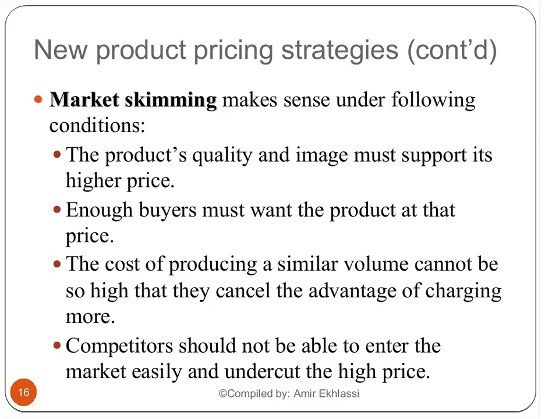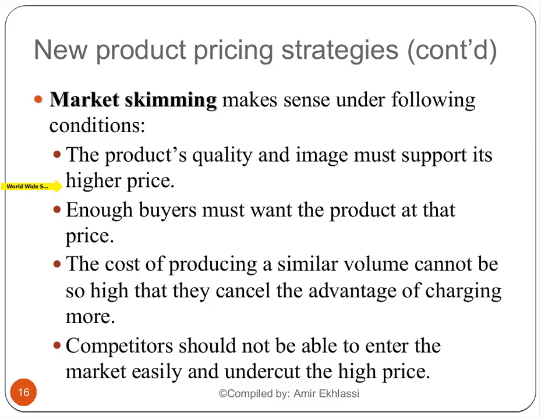Better let's go to the previous one, and which conditions are good for market skimming. The product quality and image must support its higher price. It is very important. I already explained, and also some friends in this class explained about this one. Then why do Apple and Sony and some brands like this consider a high price?